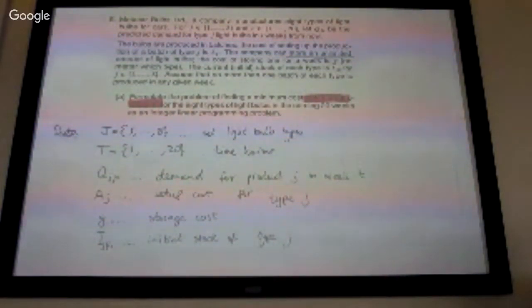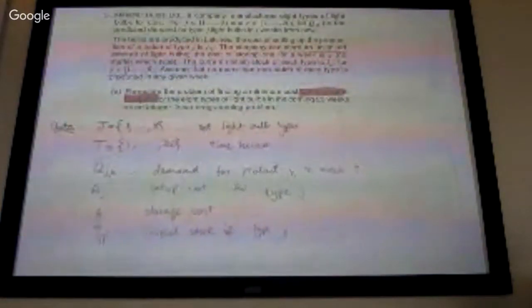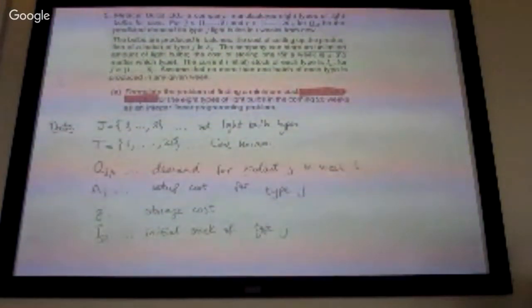Can you see any other data in the text? No? Yeah, I made the same mistake.